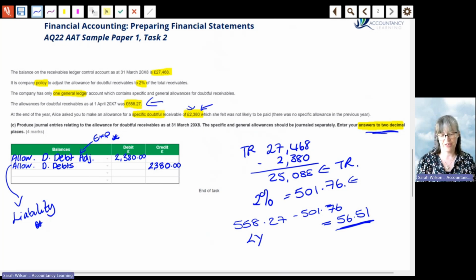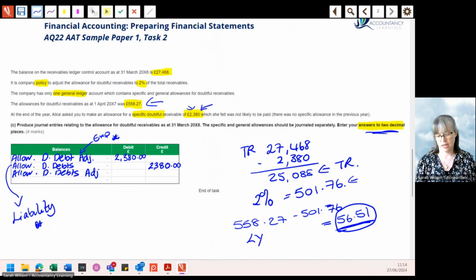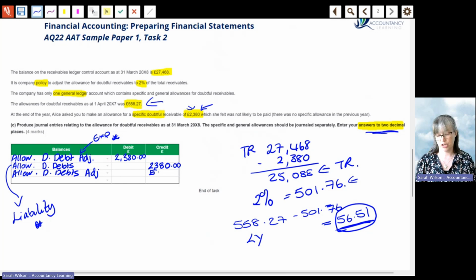So this time then, if we're thinking about that expense account, our allowance for doubtful debts adjustment, this figure here isn't increasing our expense, it's actually going to be decreasing our expense because we're lowering the provision. So our credit is going to be for the expense type because we're reducing it.